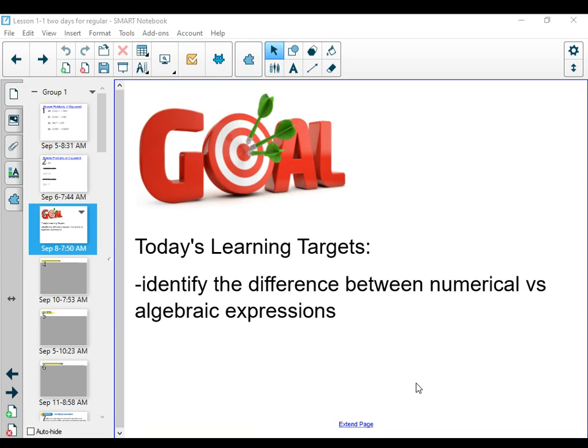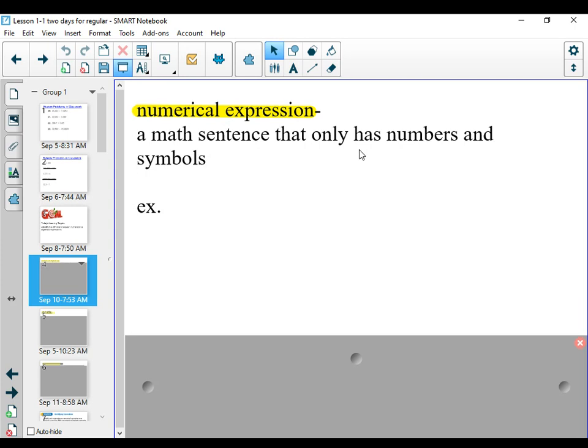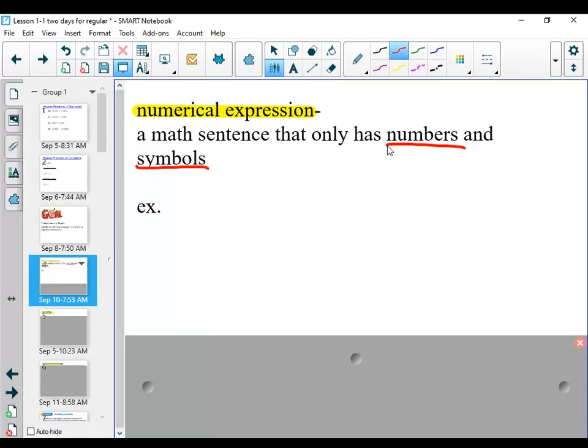And the first thing we're going to write down is a numerical expression. A numerical expression is a math sentence that only has numbers and symbols. There is an infinite amount of numerical expressions that you could create.